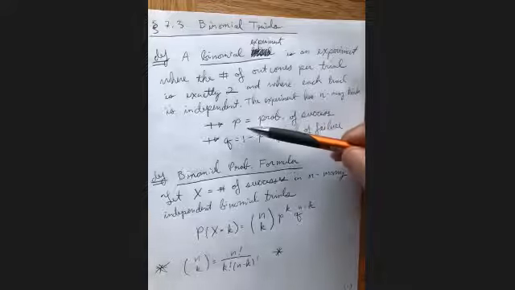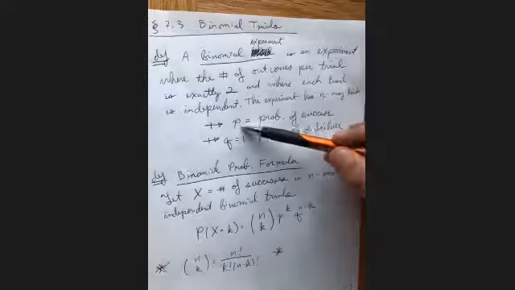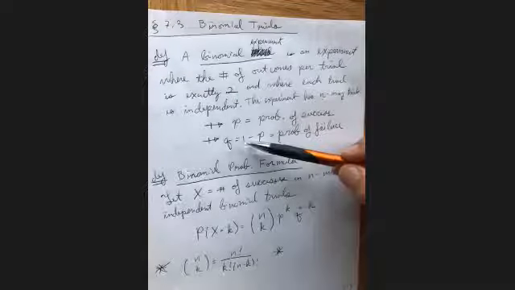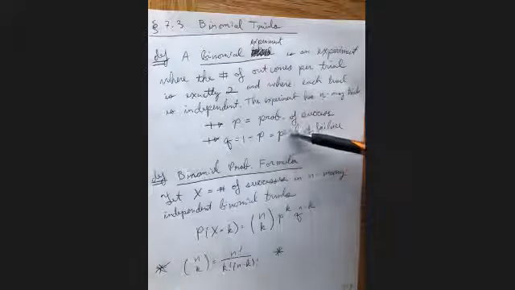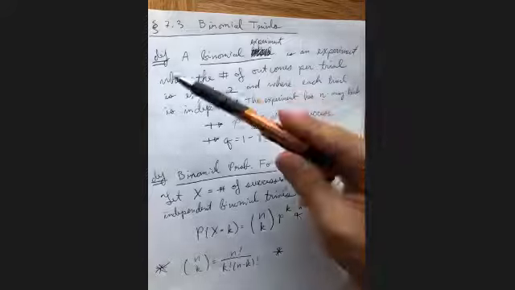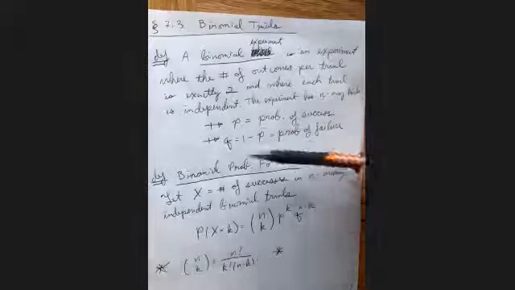So the likelihood of getting a heads is p, and then the likelihood of getting a tails is q, which is the complement of p. So that's 1 minus p. And we call that the probability of failure. So for our working example, that would be the probability of getting a tails. Okay, so this is what we call a binomial experiment.